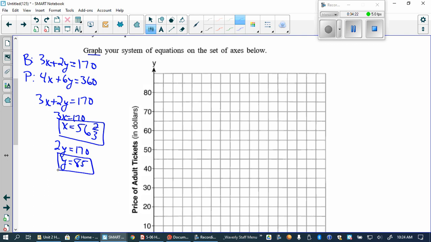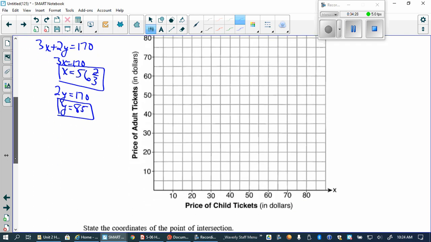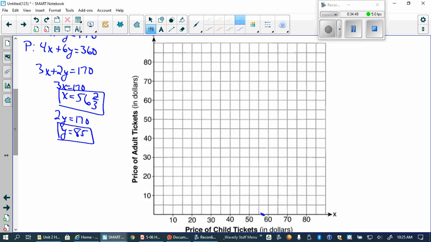If you don't have a straight edge, get one because you want to be accurate with this, right? So let's go out here. We're going to have to estimate 56 2/3. There's 50, 55. It'd be about here, wouldn't it? 55 would be right on that line in between them.